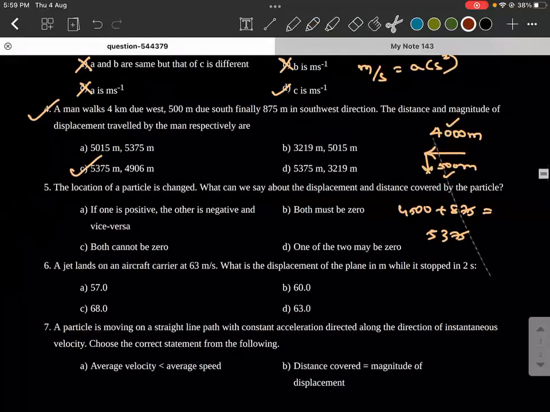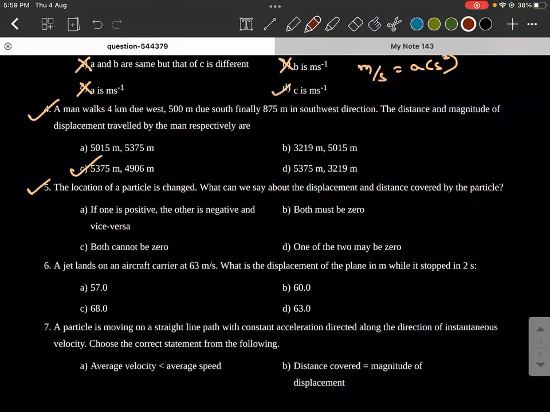So the next one. Try the fifth one. The location of a particle is changed. What can we say about the displacement and distance covered by the particle? So read the question carefully.